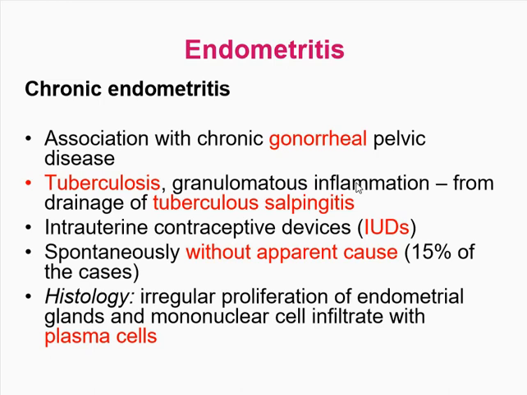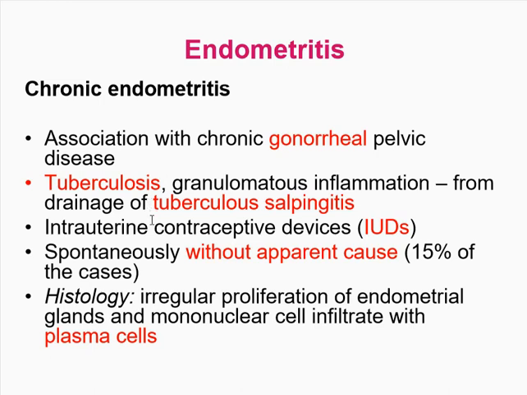Chronic endometritis is also not very common, and is often associated with gonorrhea, chronic gonorrhea of the pelvic organs, including the fallopian tube or cervix, and this may also involve the uterine corpus, the endometrium. Tuberculous endometritis is a granulomatous inflammation, often reaching the endometrium from the fallopian tubes.